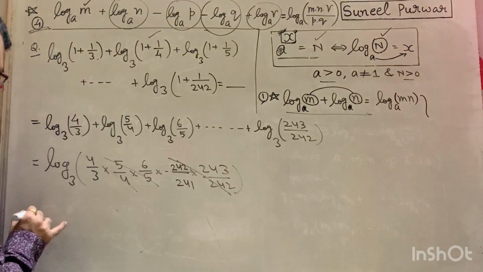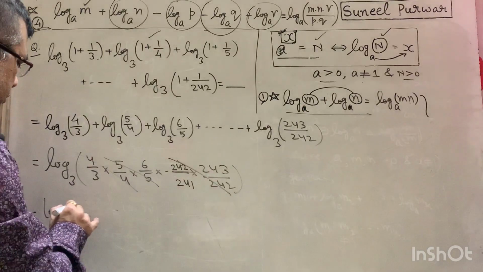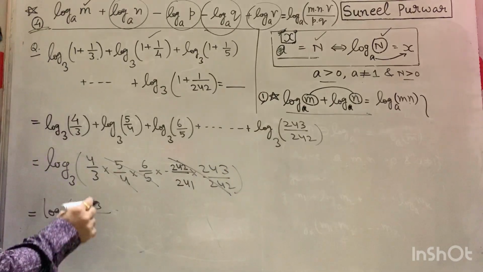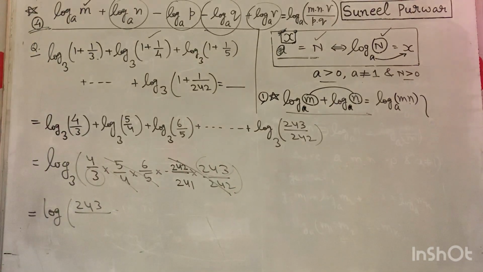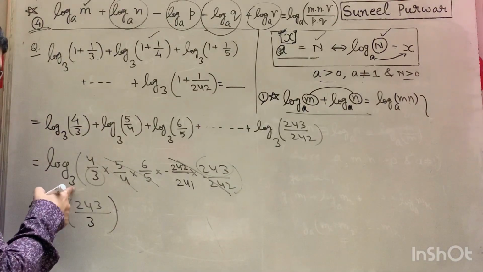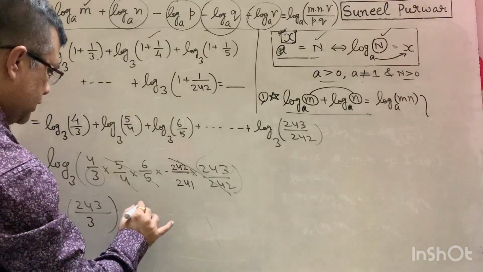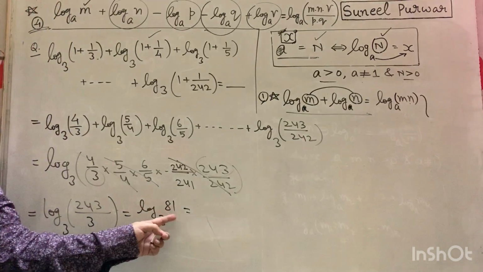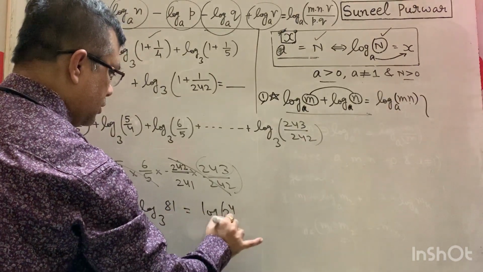And what you have is logarithm of 243 in the numerator, 243 left, and in the denominator 3 is left, and base is 3. On dividing, this is log of 81 to the base 3, and you know 81 is what? 3 power 4. So that is 3 power 4, base 3.